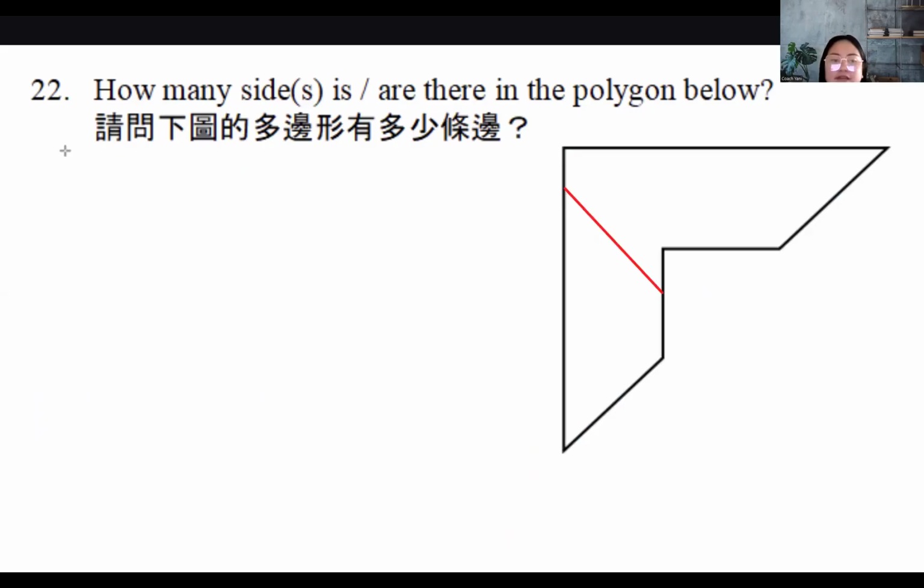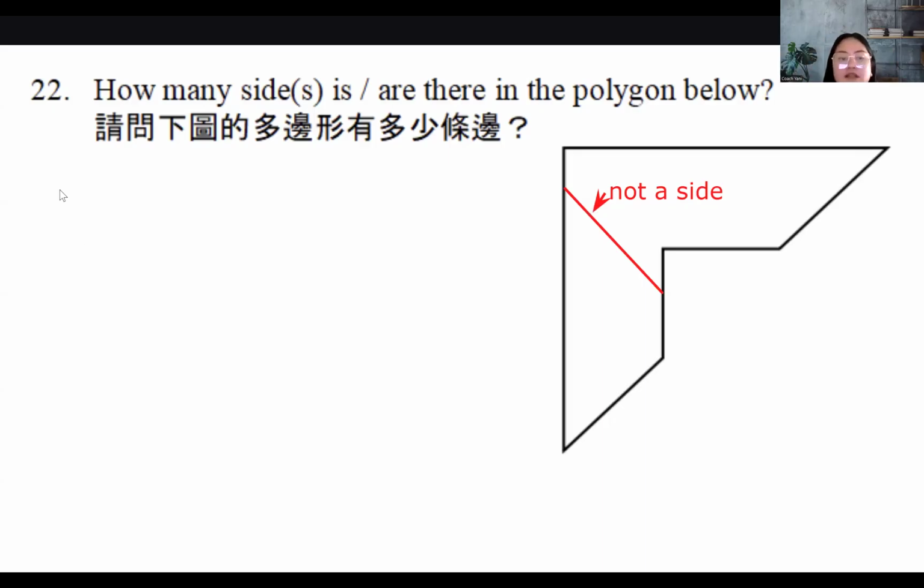If there's a line there, is that counted as a side? Yes or no? This line here is not a side. Okay, if ever, this is just an example. If there's a line inside the polygon, it's not considered a side. A side is just everything that's outside of a polygon.